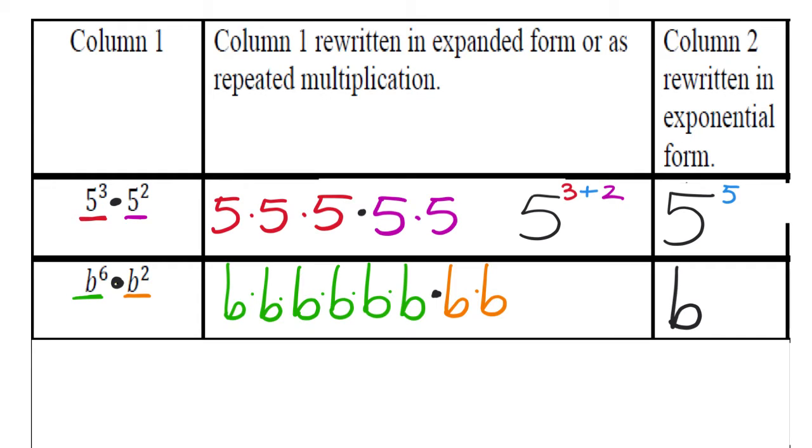But how many b's do we have right here? Let's count them out. 1, 2, 3, 4, 5, 6, 7, 8 total b's, all being multiplied. So that would be b to the power of 8.